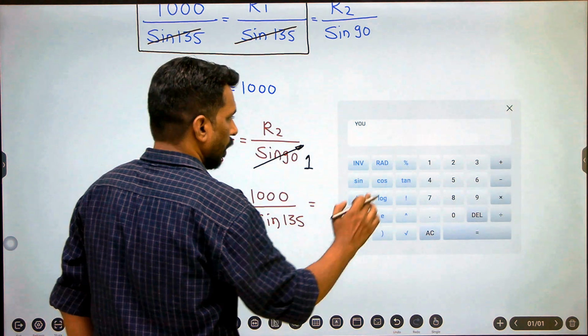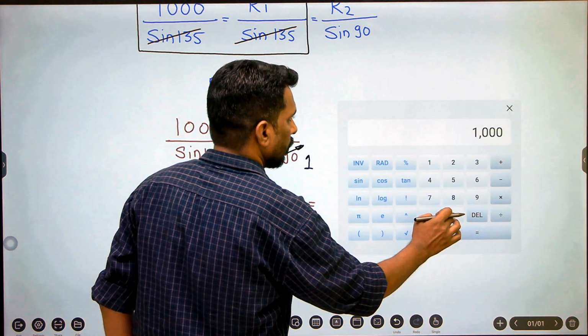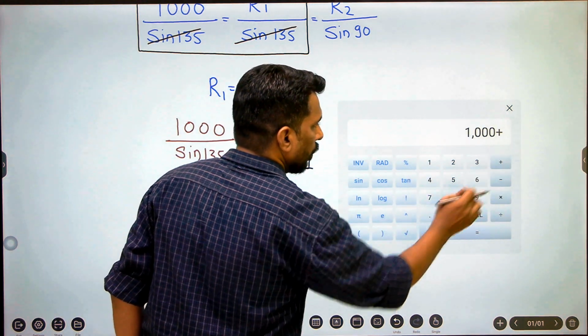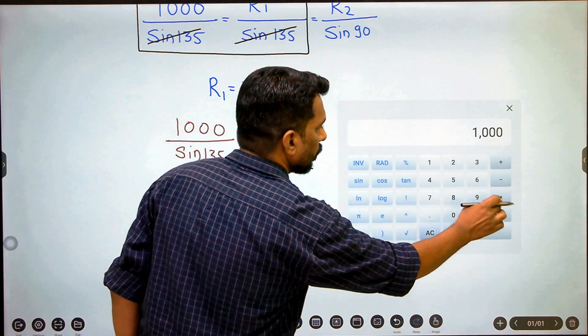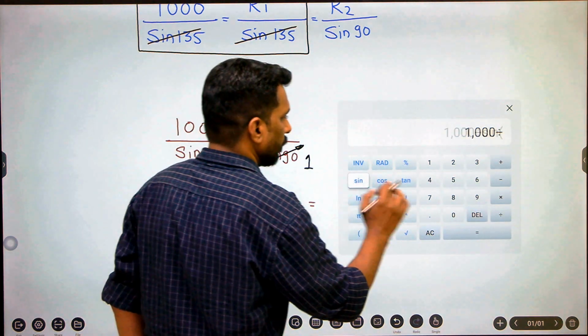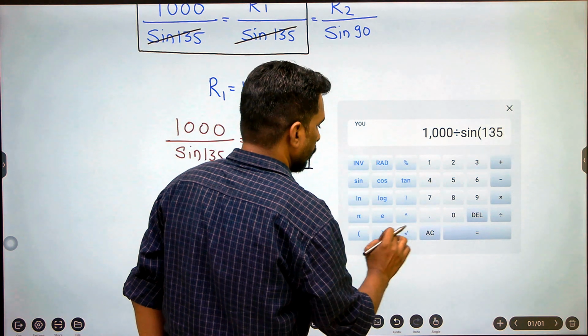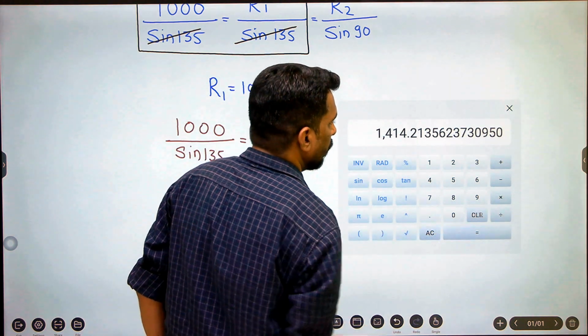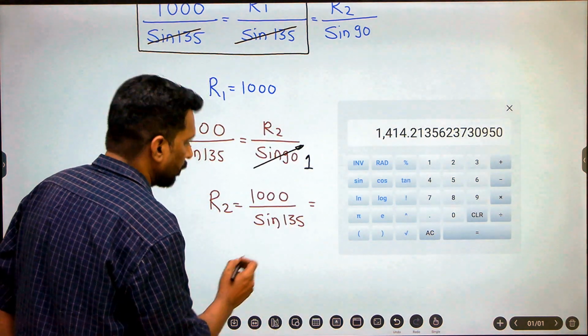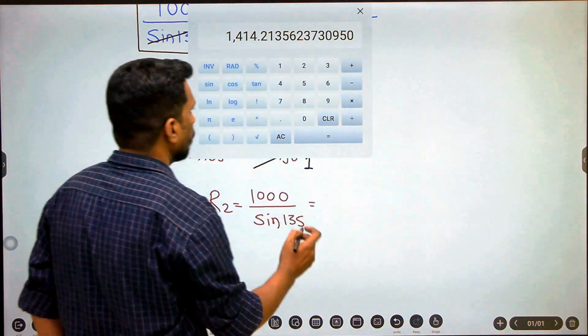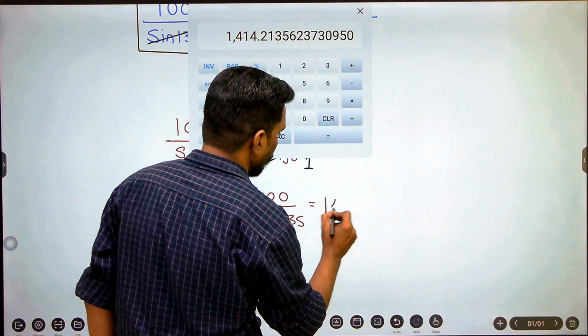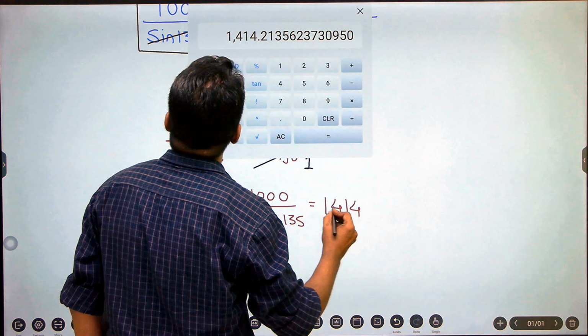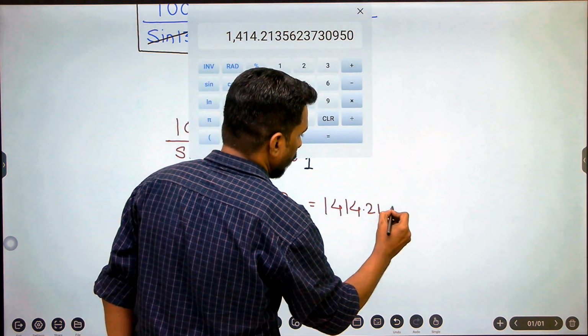So here 1000 upon sine 135, which is equal to 1414.21 Newton.